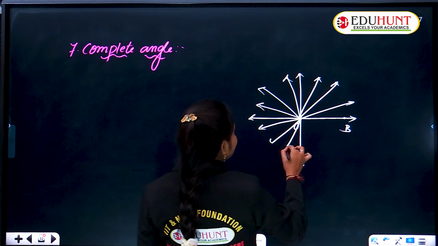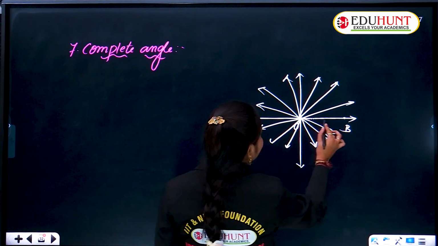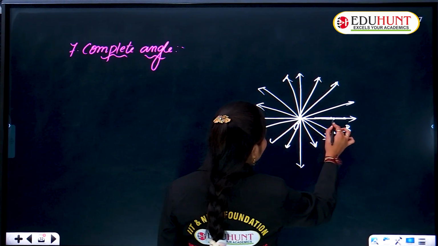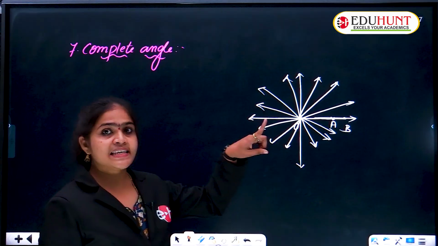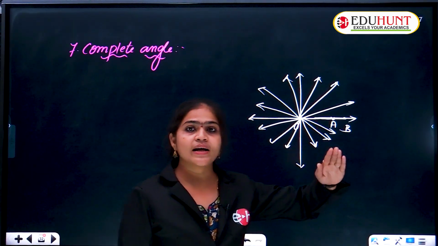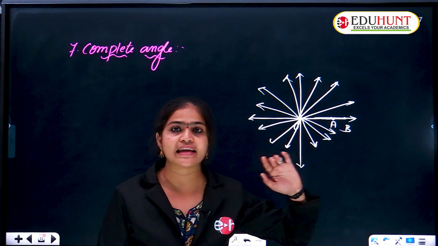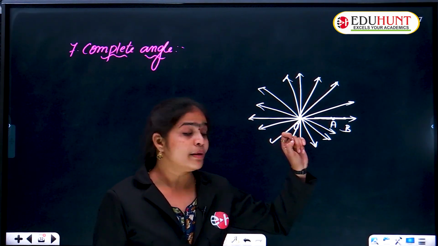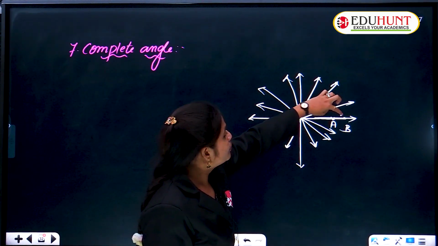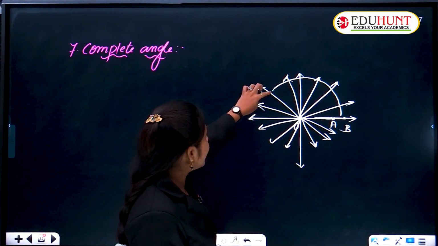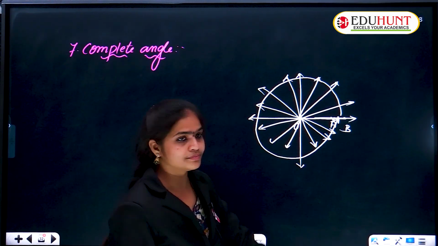After completion of all these angles, again OA coincides with OB. At the starting, the 0 angle, I told you that in the clockwise direction it moves and coincides with OB. In that case, no angle is formed in between OA and OB.